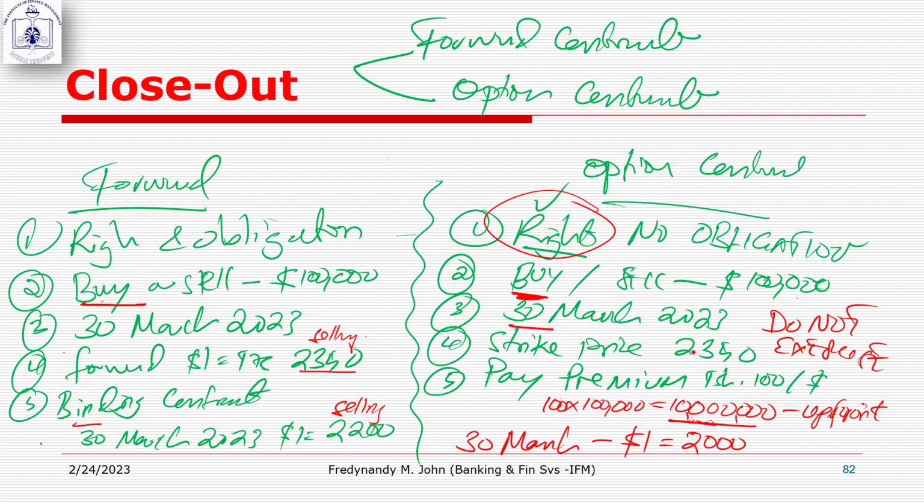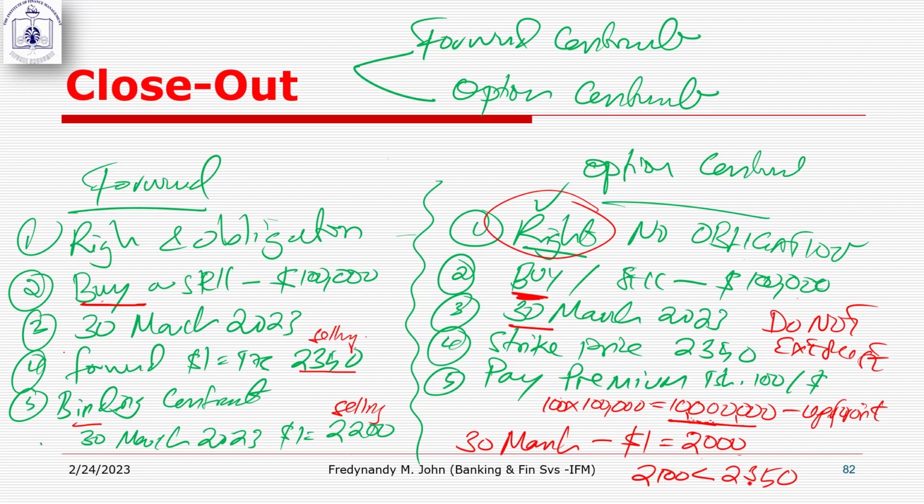So in total, if the customer is to buy at the market rate, it means it will be 2,000, and he has to add that 100 that he paid as a premium. So the market rate now will be 2,100, which is lesser than the contract rate, the strike price of 2,350.